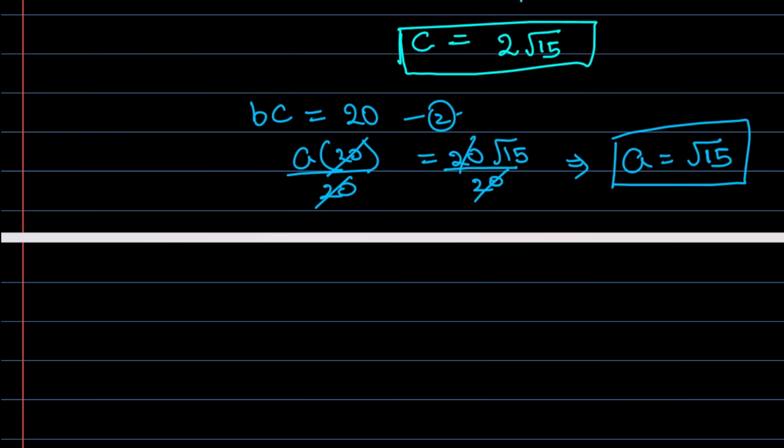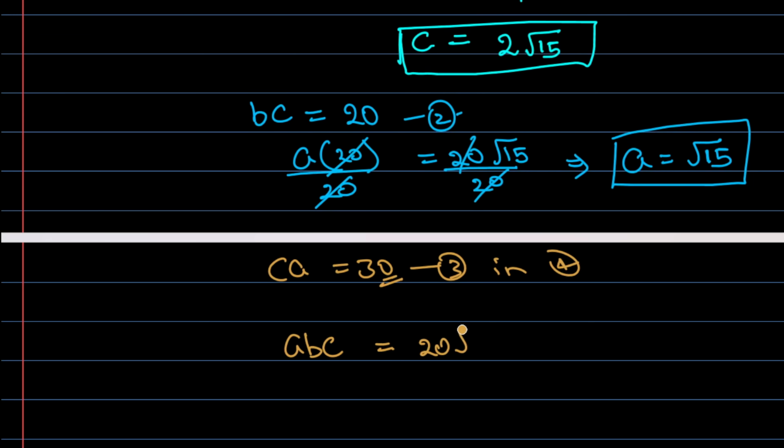Now we are given CA is equal to 30. So putting equation 3 in equation 4, given ABC is equal to 20 root 15.